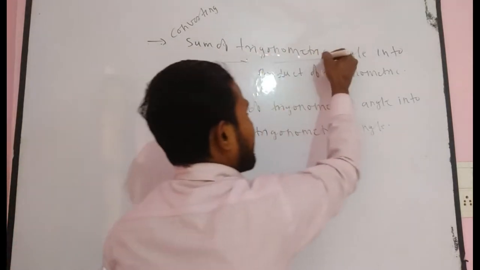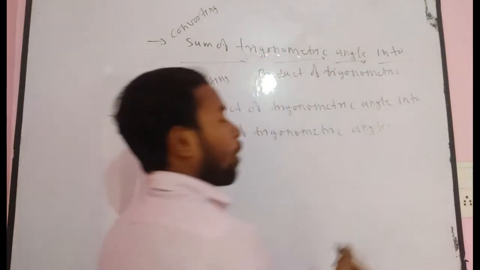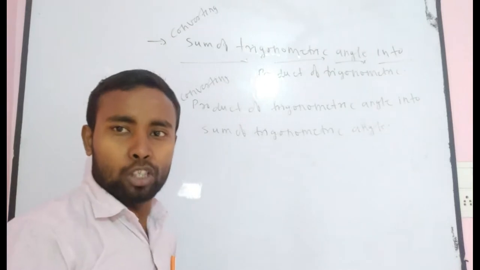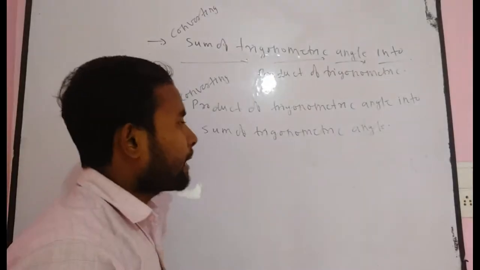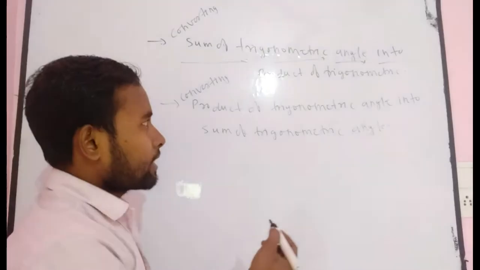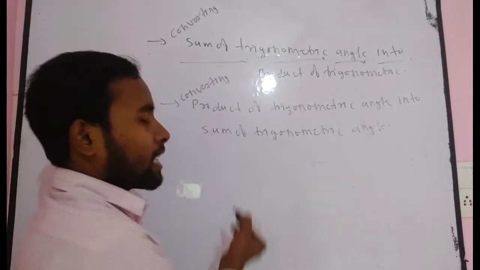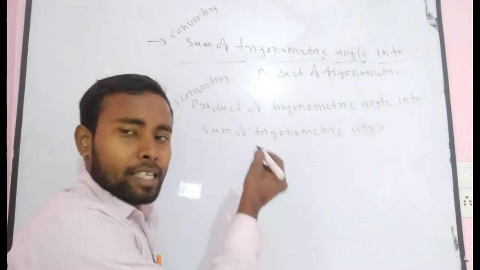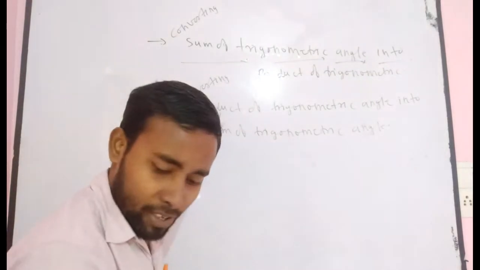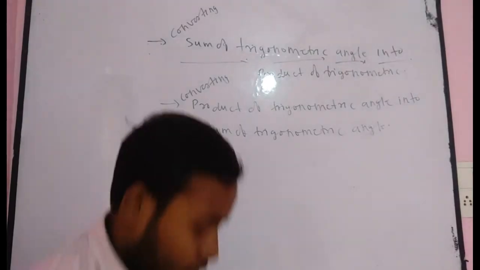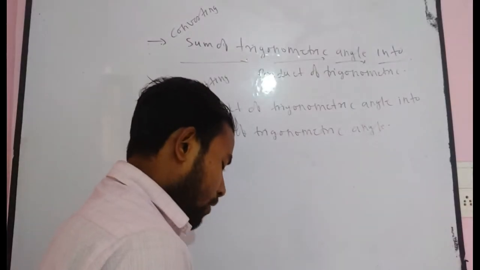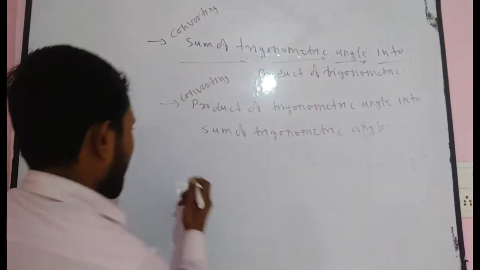In the previous class, I already wrote all the formulas relevant to this topic. Further, I want to explain all those formulas which are completely based on this concept. Now, first we write the formulas related to this topic.